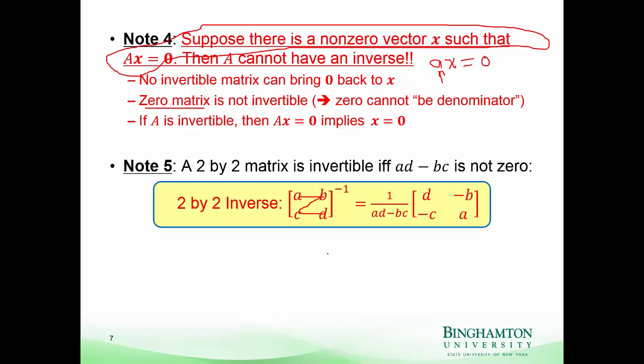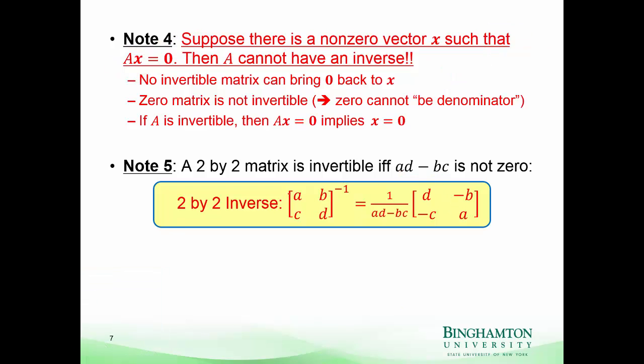So A, B, C, D. If this quantity, AD minus BC, and here's a little way to remember that: AD is this diagonal's product, BC is this diagonal's product, so you go this product minus that product. If that result is not 0, then the matrix is invertible, and the inverse is given by this.